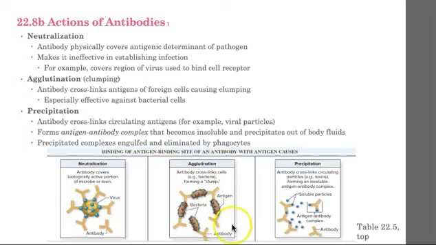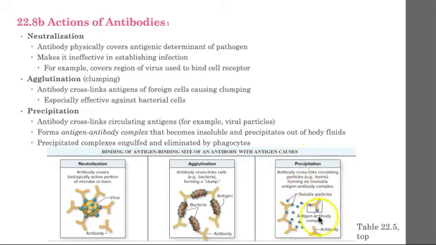Then we have agglutination, in which the antibodies are going to cross-link. Notice how this antibody is attached to an antigen here as well as over here. So the cells are now going to be clumped together, which doesn't allow it to cause damage.